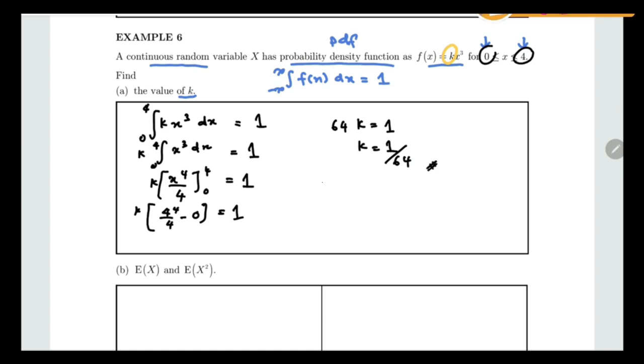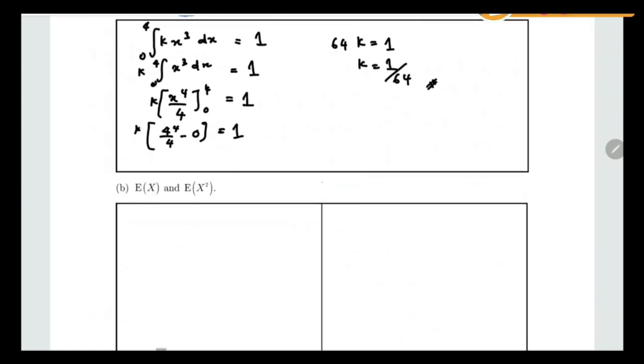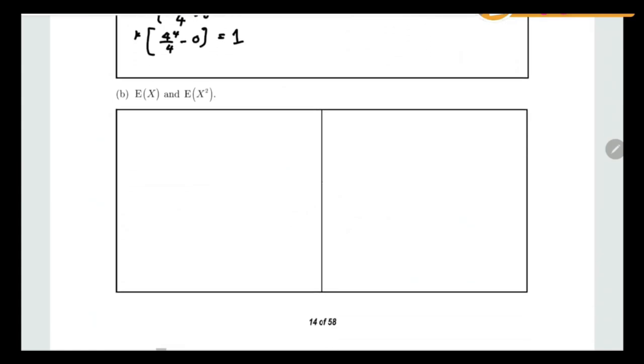So we go for part B. For part B, the question asks to find the expected value of x and the expected value of x squared. We should know that the expected value of x is the integration of x multiplied with f(x) from the lowest to the uppermost limit.